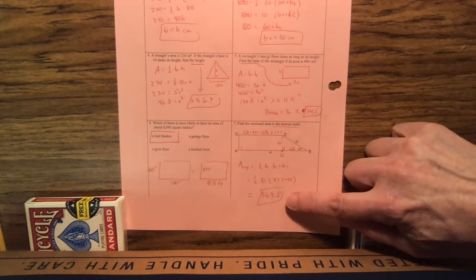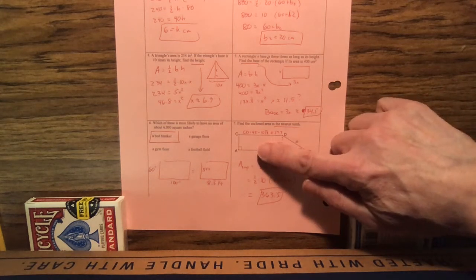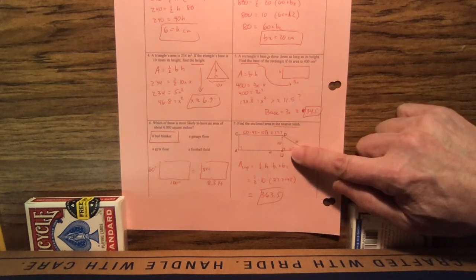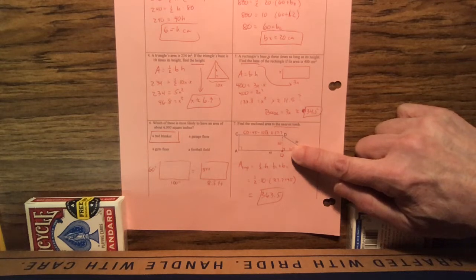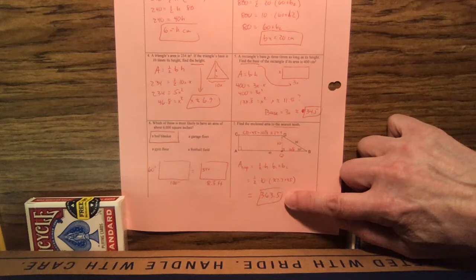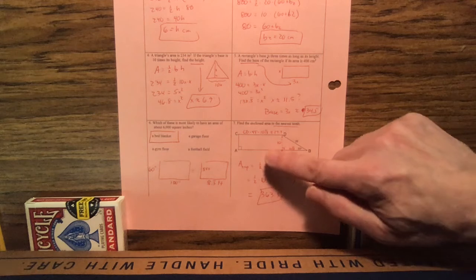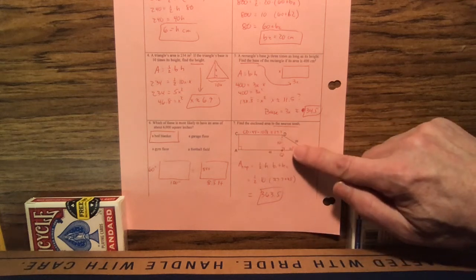Now you are perfectly welcome to find the rectangle area and the triangle area separately and then add those areas together. You should get the same result. Trapezoids can always be divided into a combination of rectangles and triangles. In this case, one rectangle and one triangle.